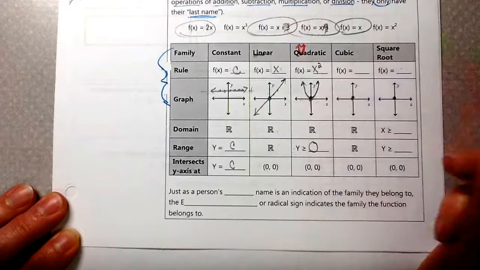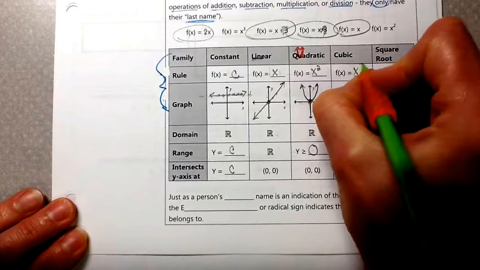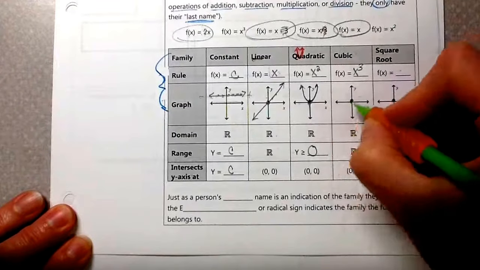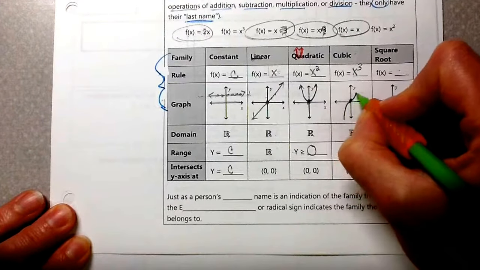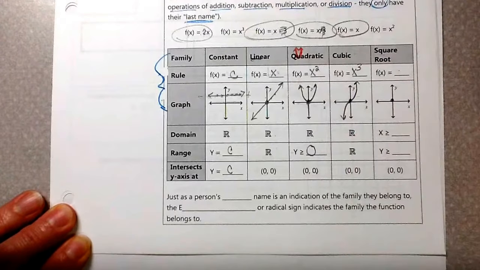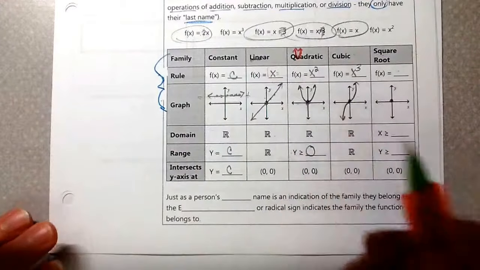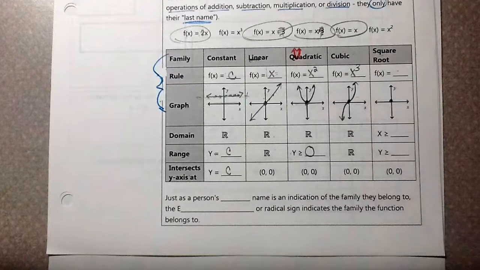The next one is cubic, so just think what power a cube is. If you would cube something, you would put an exponent of 3 on it. Now this one is going to start low, and it's going to kind of bend as it goes through the origin, and then come back up again.